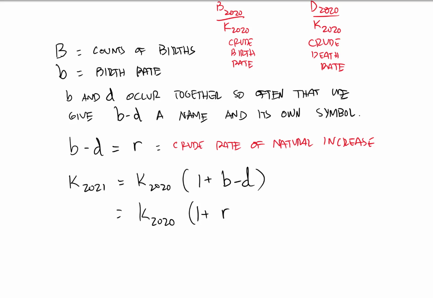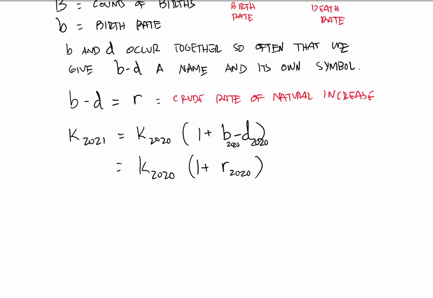And I think this was B 2020 and this was D 2020. So this is r 2020. And this is our multiplication problem using the crude rate of natural increase.